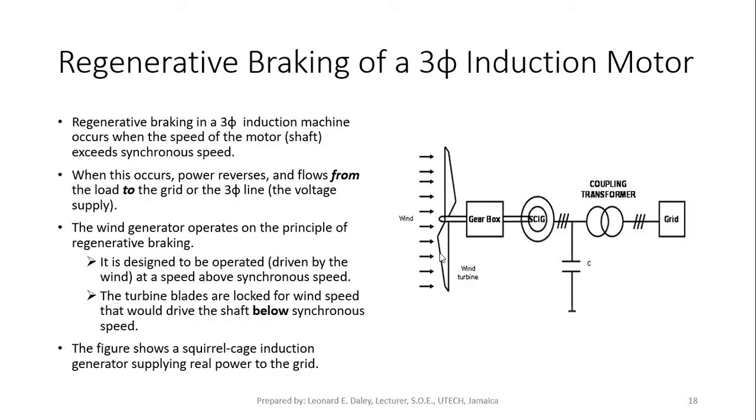Now, if the wind gives it a speed that is lower than synchronous speed, then the turbines would not be allowed to turn, right? Because at that time it would be a motor basically. All right, so this would be a setup for the wind turbines.